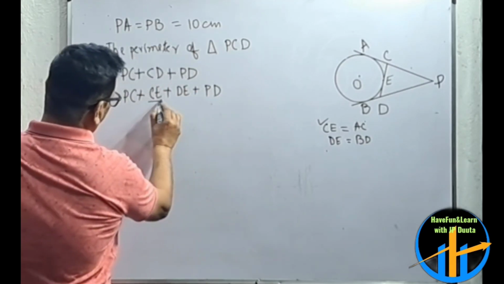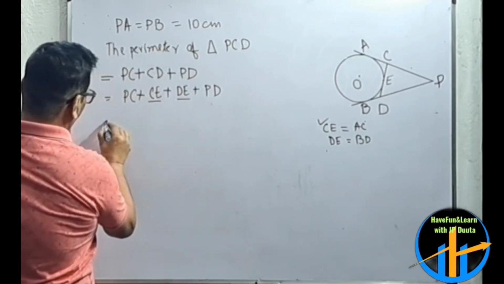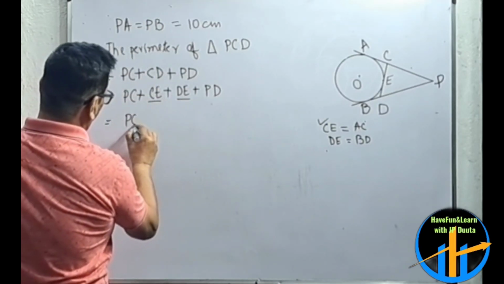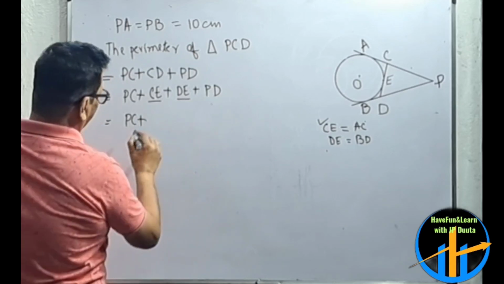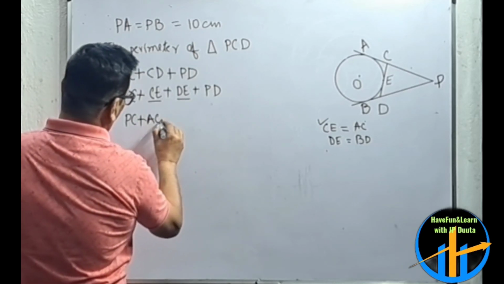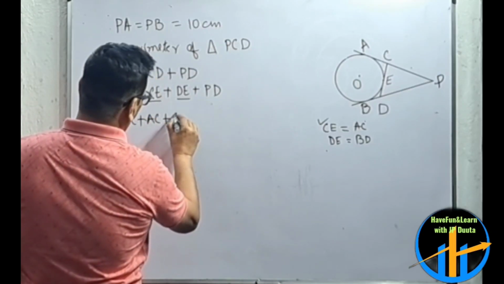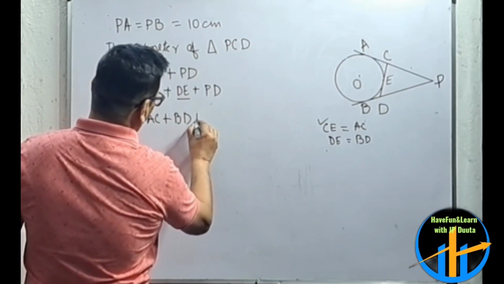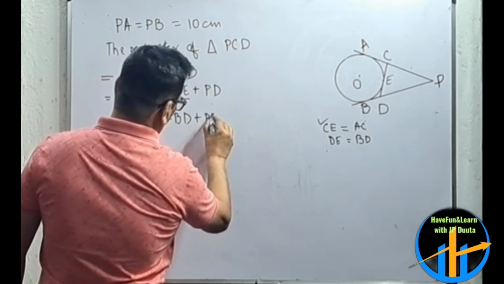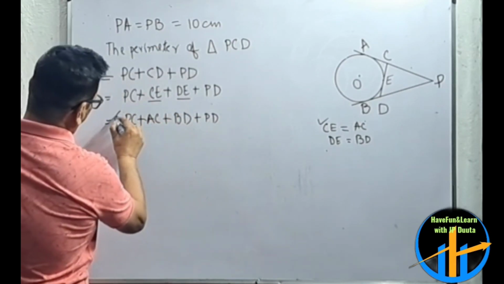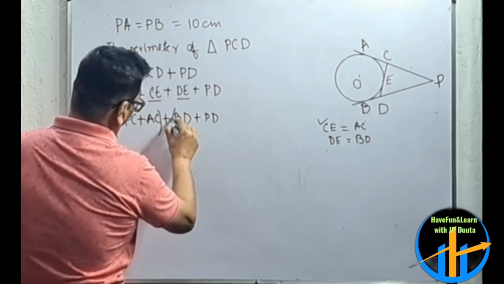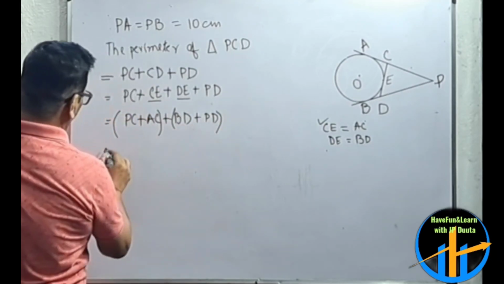Now see, look at these. So we can convert them to PC plus CE is AC, AC plus DE is BD, BD plus PD. Correct? Now you put them in brackets. So what you get?